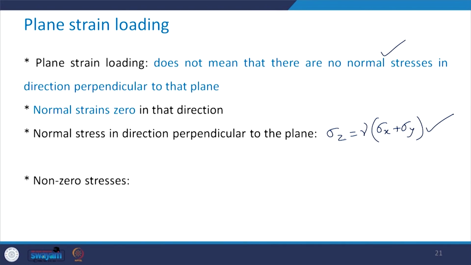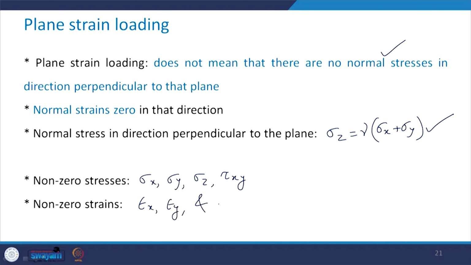Therefore, in case of plane strain loading, you will have the non-zero stresses as sigma x, sigma y, sigma z and tau xy, and the non-zero strains as epsilon x, epsilon y and gamma xy.